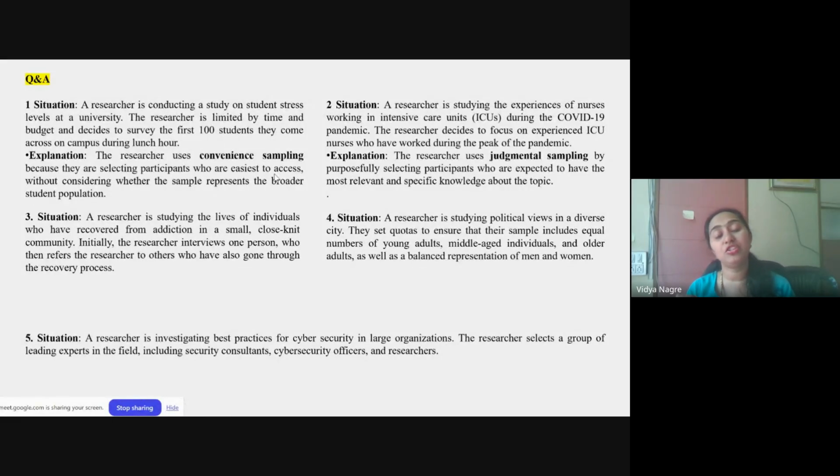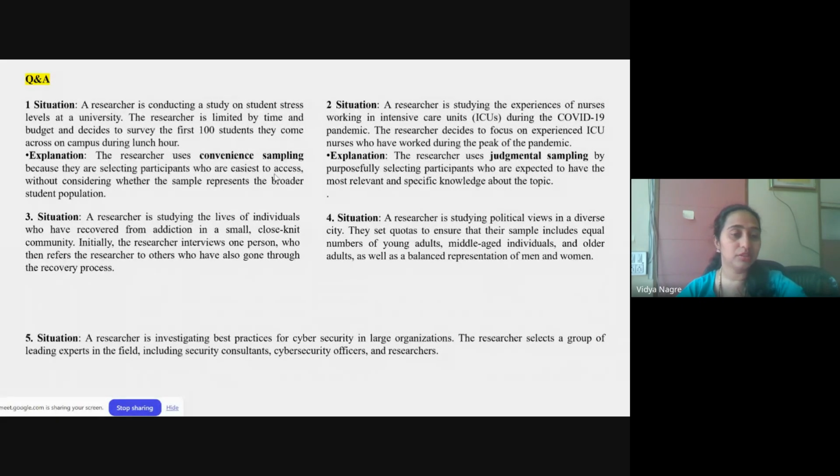Only then will you reach the correct study. If you interview or study some random nurse, she won't be able to contribute to your study of the COVID-19 pandemic, because you are targeting to understand the experiences of the nurses who worked in ICU during the pandemic, right? So that has to be satisfied.